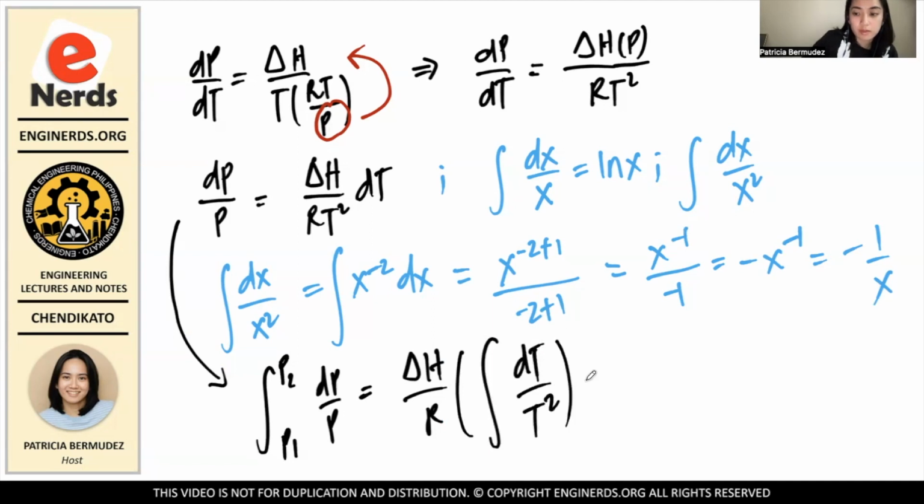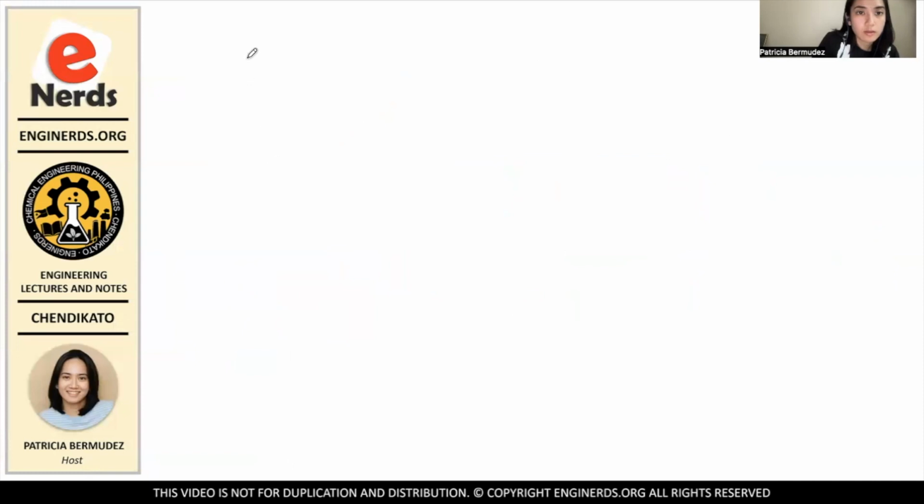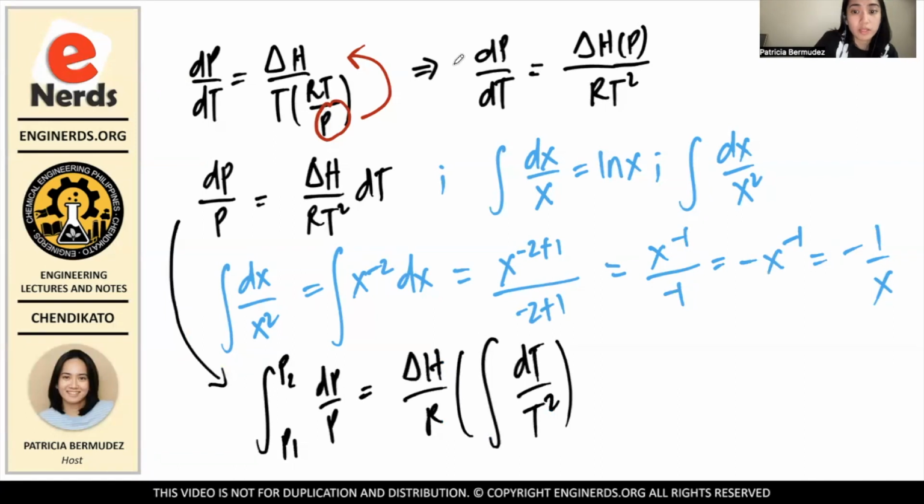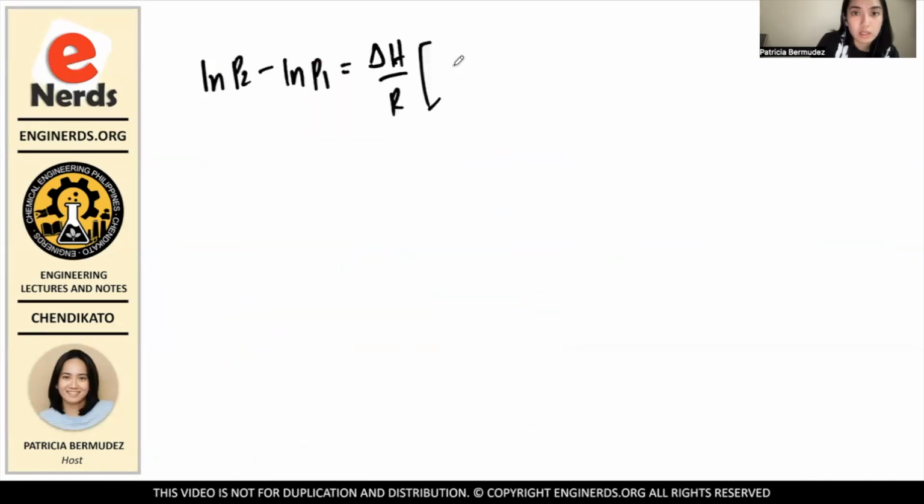Okay? So now simplifying that, we have ln p2 minus ln p1 is equal to delta h over r, and then this one, right? So it will be negative 1 over t, negative 1 over t, bound from t1 to t2, sorry.